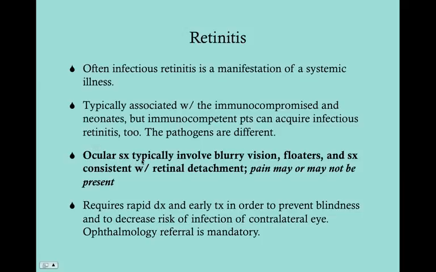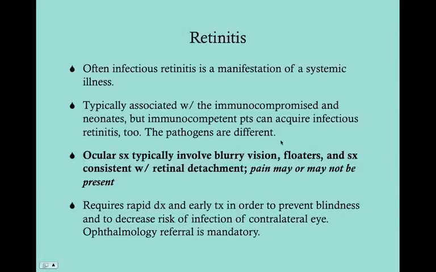Ocular symptoms for retinitis almost universally involve blurry vision, because remember, your retina is where you receive the image, and then floaters and symptoms consistent with retinal detachment. That's because when you get an infection of the retina and you have inflammation, it's only a matter of time before that tissue starts to detach from the underlying supportive tissue.